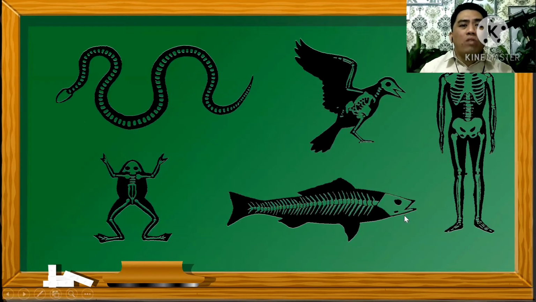What do you think is common to these animals, including the human being, or what characteristic is similar to the animals and human being in the pictures? Very good. The different animals plus human have bones. The common characteristic is that they have bones in their body.